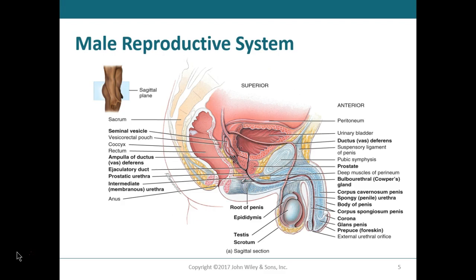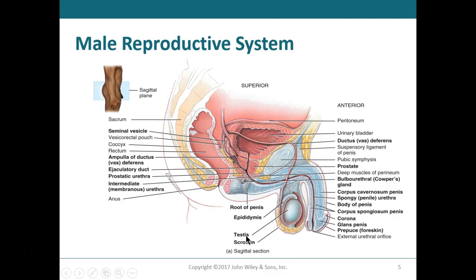So the organs of the male reproductive system include the testes, which are housed in a pouch called the scrotum that is outside the body, the epididymis, which is posterior and a little bit anterior to the testis. Singular is testis, T-E-S-T-I-S.